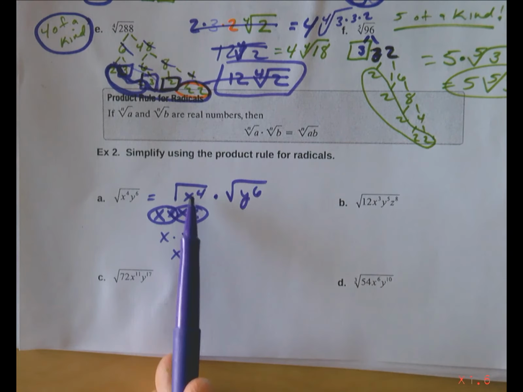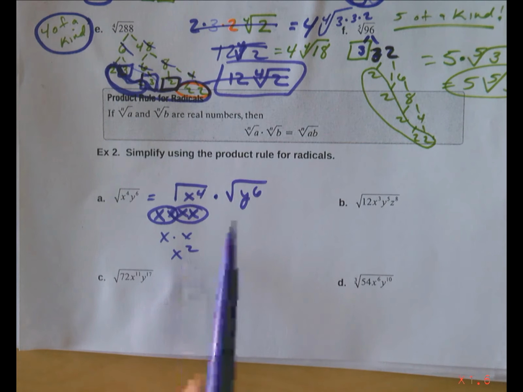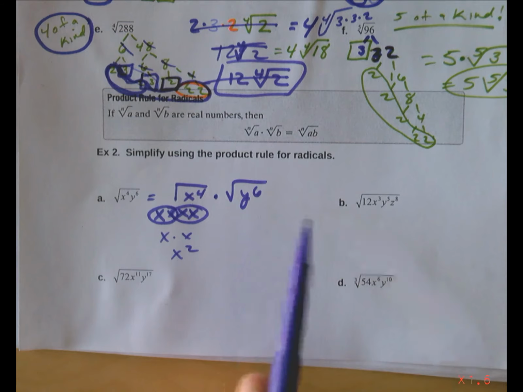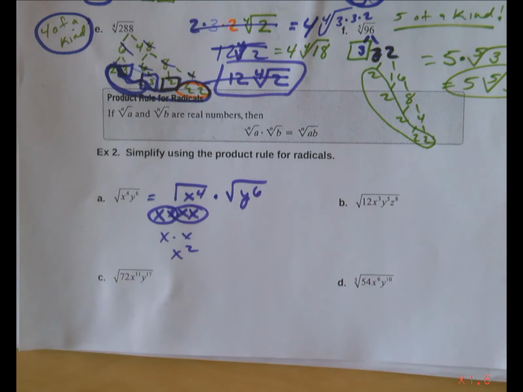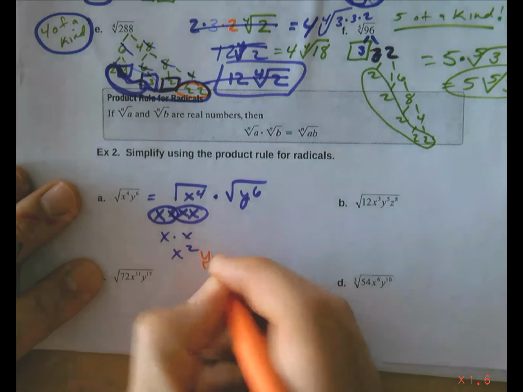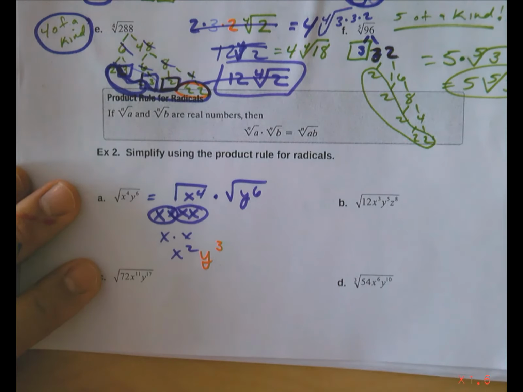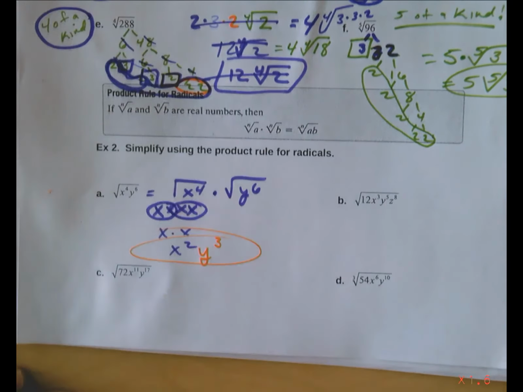Dividing by 2. Again, square roots, we're looking for pairs. We're just dividing by 2. Okay, so you could write out all of these y's, or just take 6 and divide by 2, and we'll get y to the third. So final answer, I get x squared y to the third.